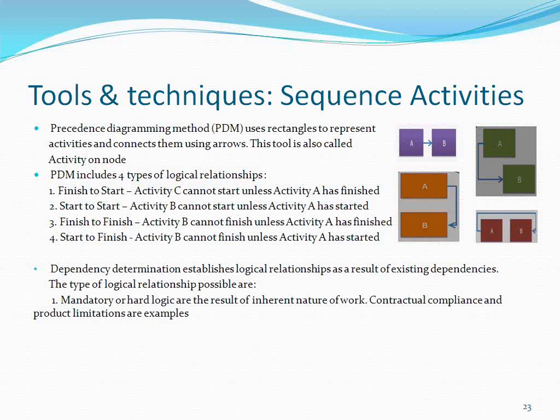When you take certain two activities, you have to finish the predecessor activity, then only you can start the successor activity. Sometimes both the activities should be started, like one activity you should start, then only the other activity will start. So what are the different relationships you have? Very important for the examination.